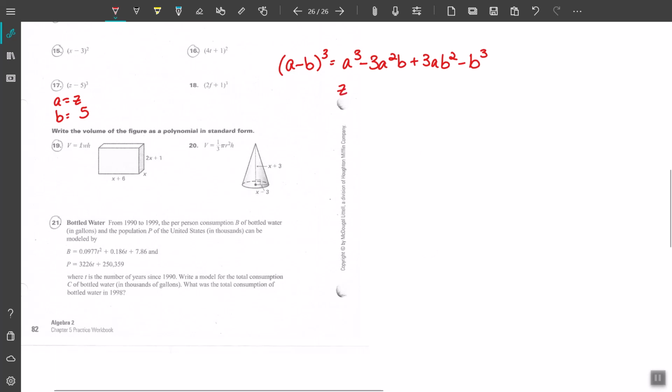So we'll end up with z cubed minus 3 times z squared times this 5 that we have identified as b.